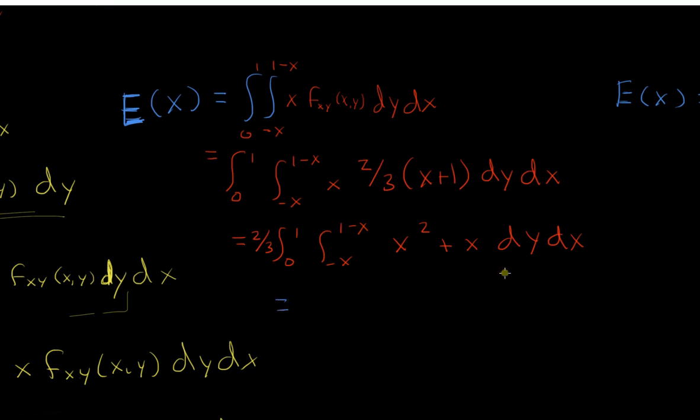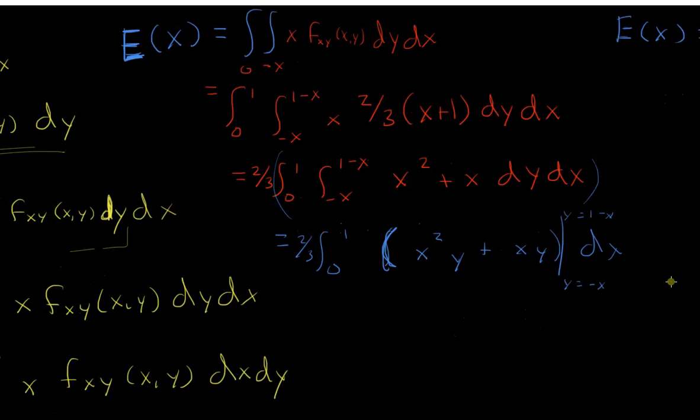So first, I'm going to integrate with regards to y. Don't forget your 2/3 outside. So we have x squared y plus xy, and I still have my dx. I'm evaluating that from y equals negative x to y equals 1 minus x.